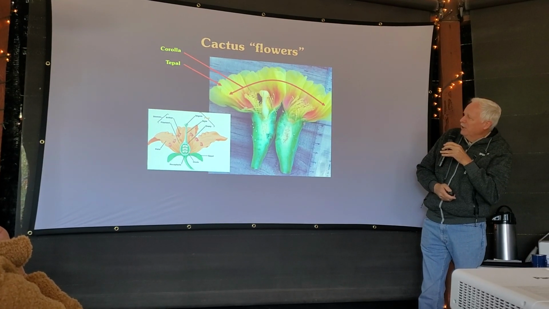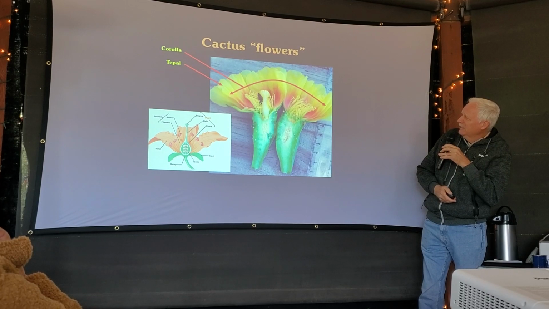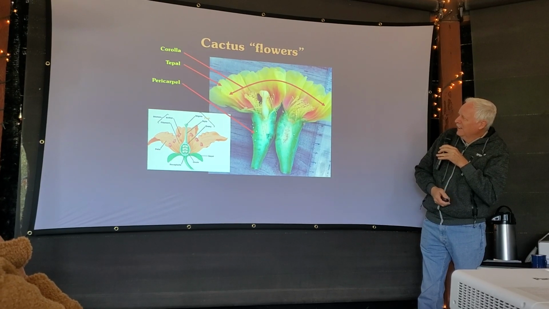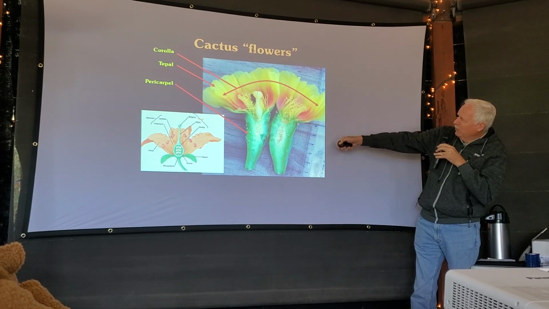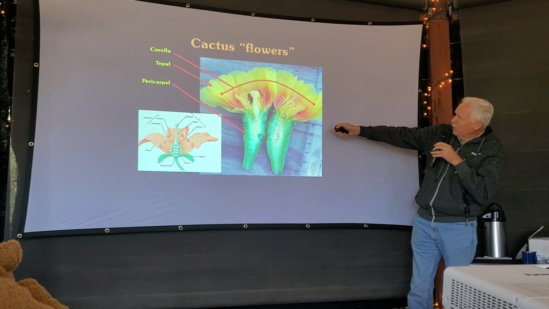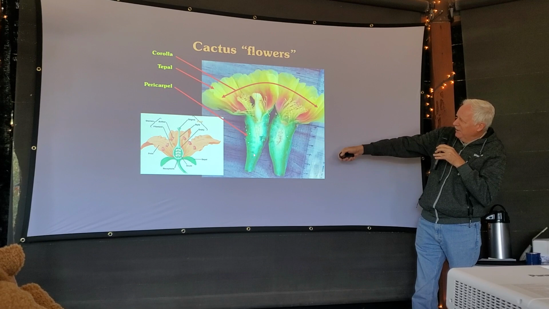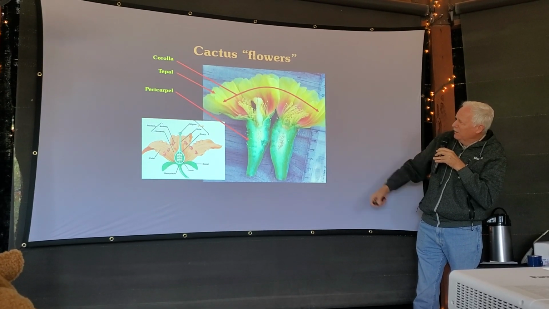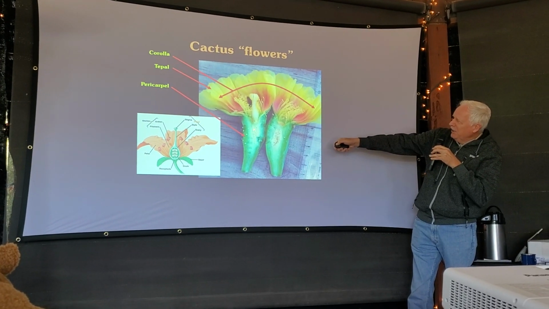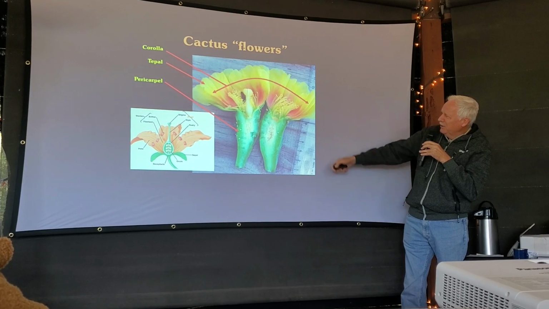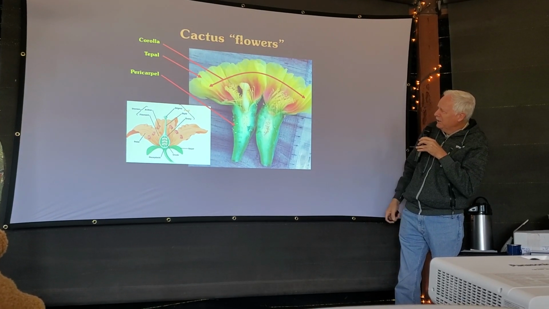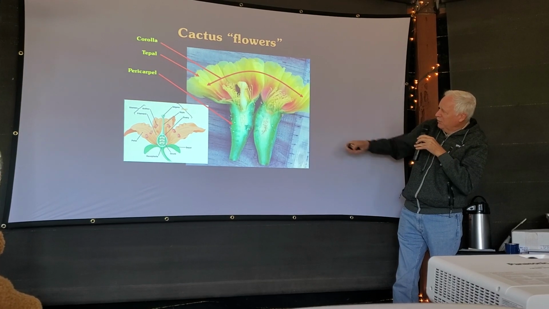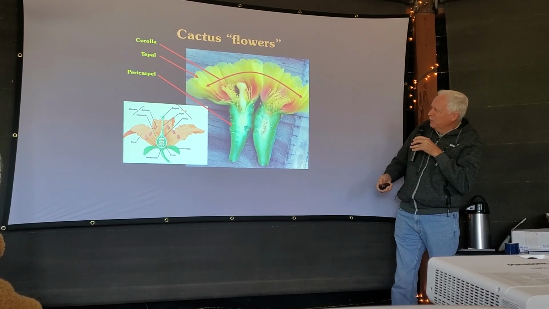But everybody just calls them flowers. And the ovary is down from the tepals in the stem of the flower, and that's where the seeds originate. So first ovules, and then they get pollinated, and these just bulge up into fruits later on.